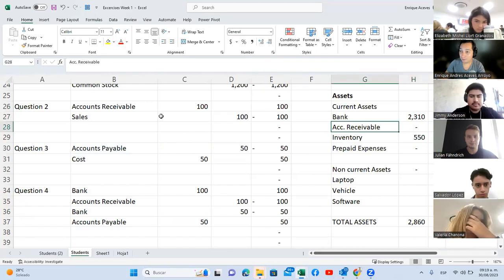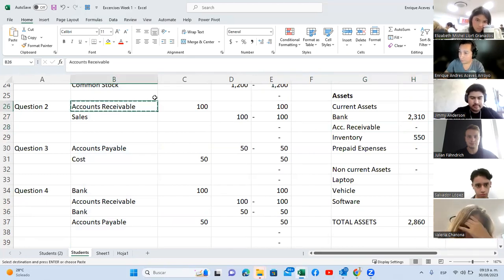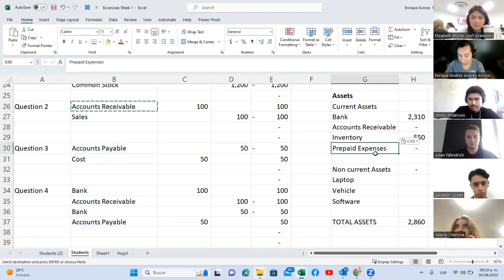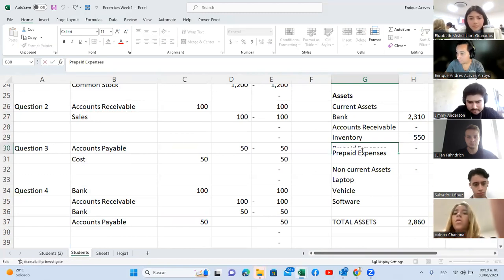And that's with everything. If you put the same account receivable, we have inventory, prepaid. Okay, no, we put prepaid rent, not prepaid expenses. We put prepaid rent.